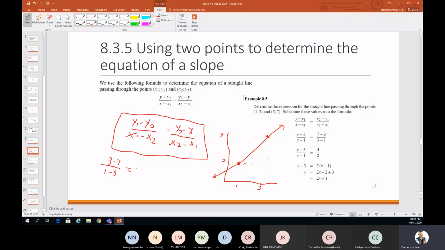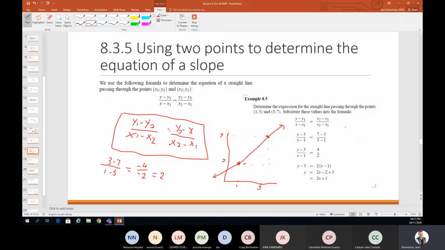So at the top, I will have minus 4. At the bottom, I will have minus 2. And then that answer is 2. And see, that is what you would have gotten from this as well.